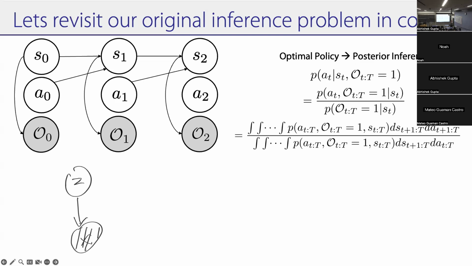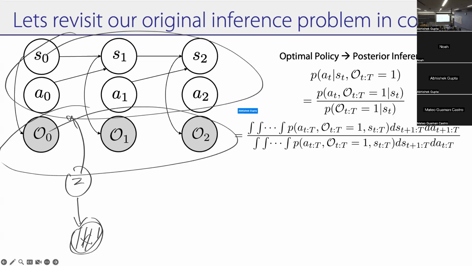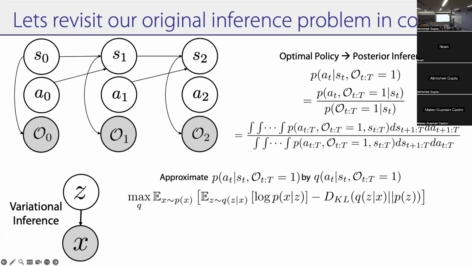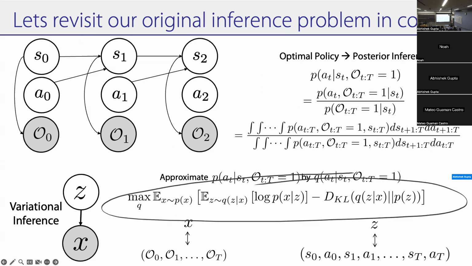Yeah, go ahead. The z would be the states and actions, and x would be the optimality. That's right. z is states and actions, x is the optimality variable. Perfect. And so you're going to directly try to find the expression for the evidence lower bound, substituting x as optimality, z as states and actions, and we know the likelihoods in our control inference model.